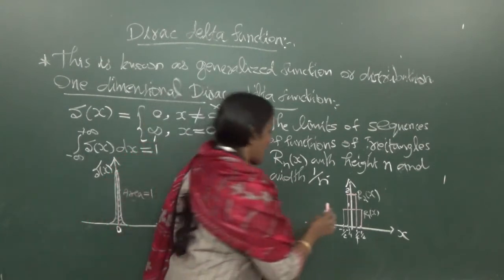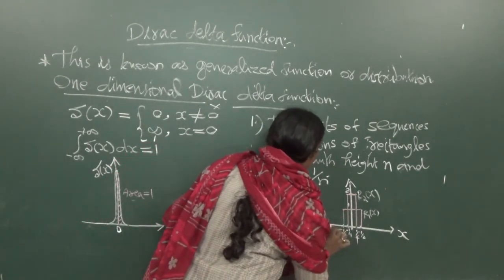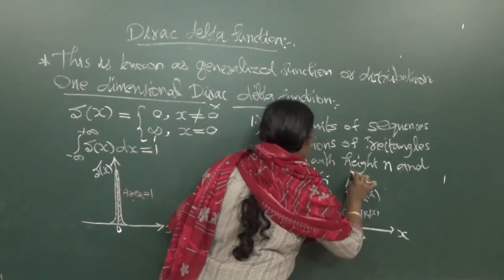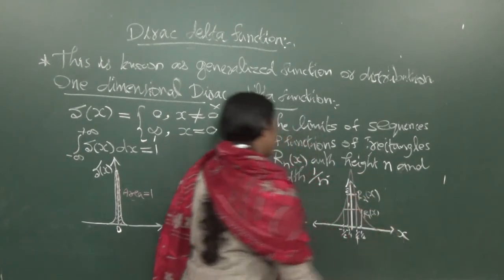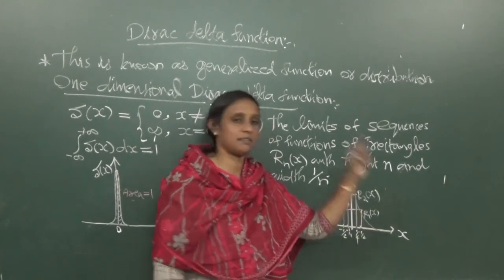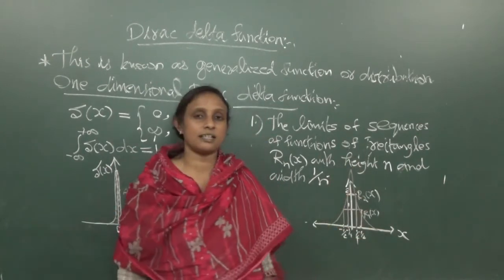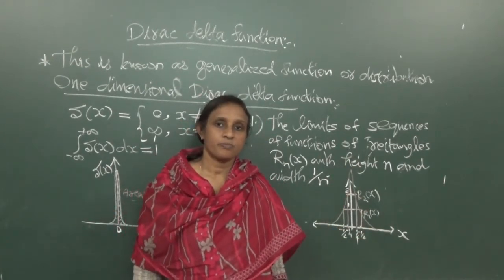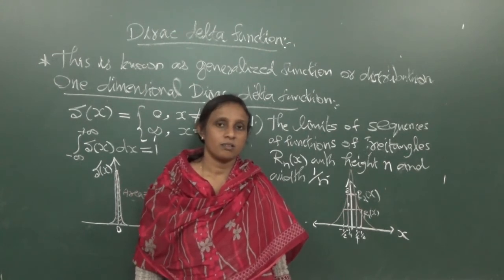As n increases, this keeps getting narrower, and for large n you will get a figure like this. This is also the Dirac delta function.